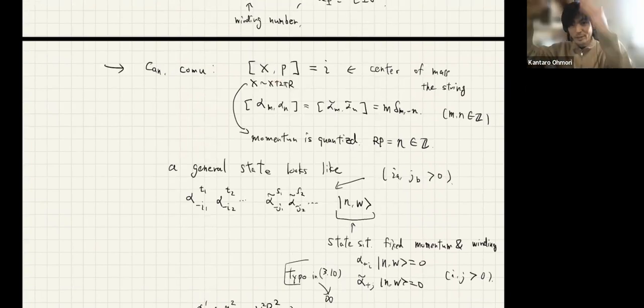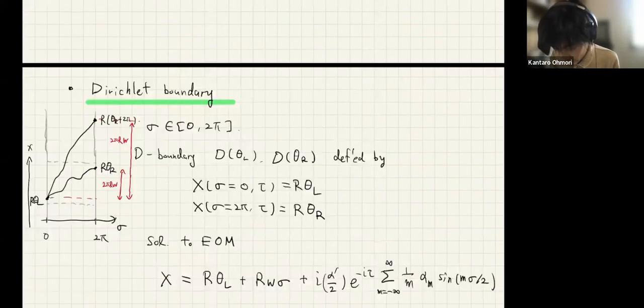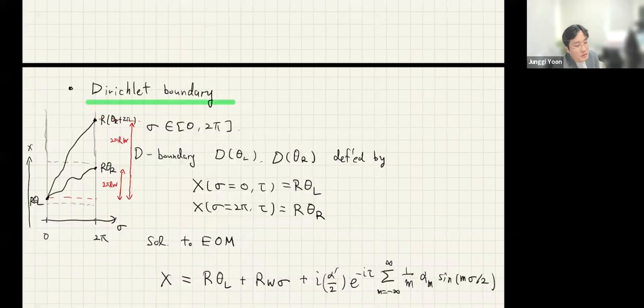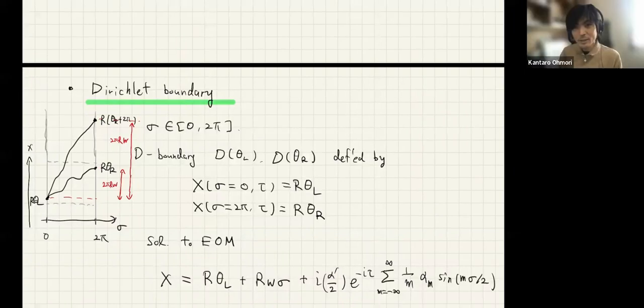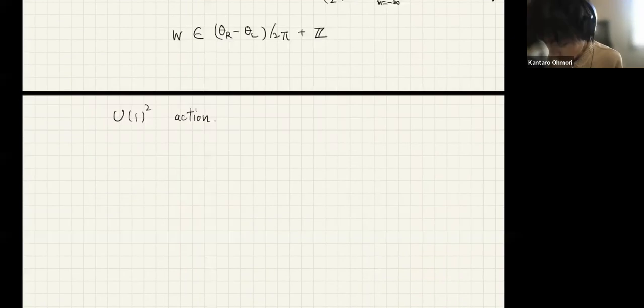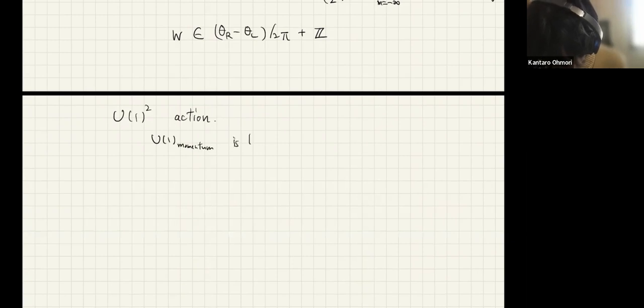Therefore, it moves the string, and if it translates the string, then the endpoint value moves. So it is broken by this boundary condition.